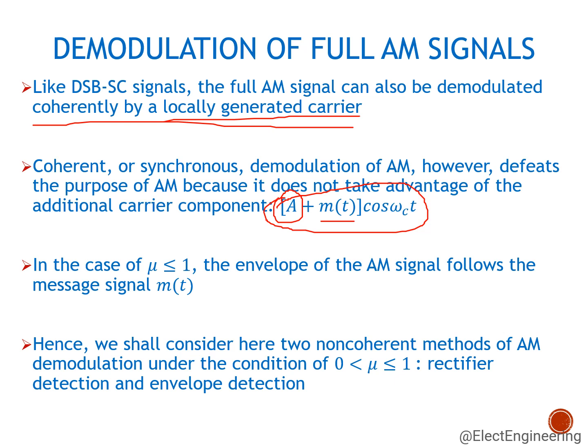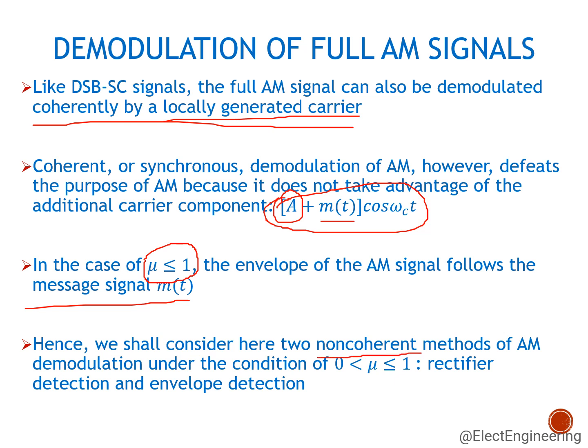Now, if the modulation index is less than or equal to 1, the envelope of the full AM signal follows the message signal. Here we shall consider two non-coherent methods of AM demodulation.